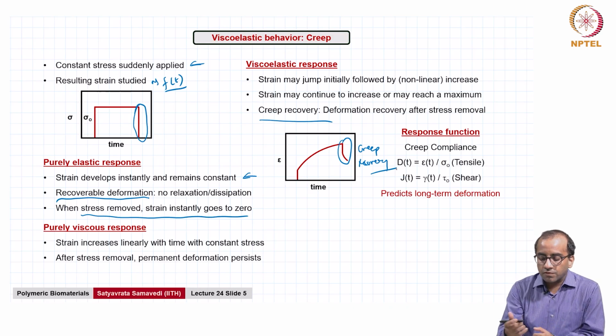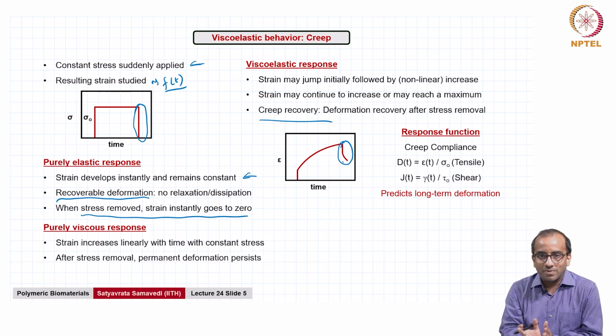Even here, the deformation does not go back to its original, the material does not go back to its original shape, right, because with viscoelastic materials, you get some recovery in the deformation, or what we call creep recovery, but then permanent deformation typically continues to persist.